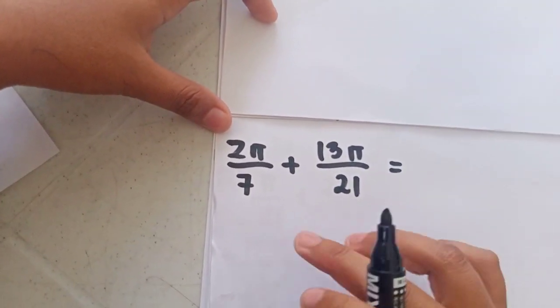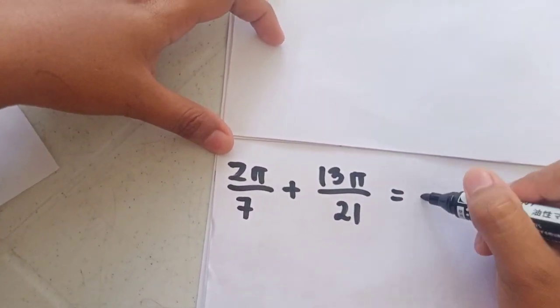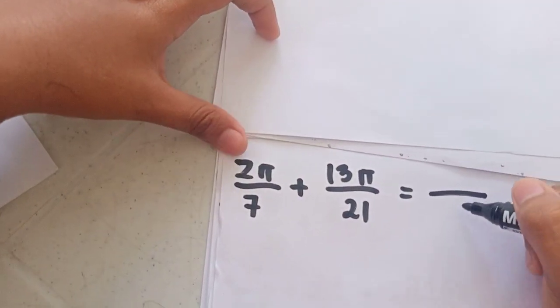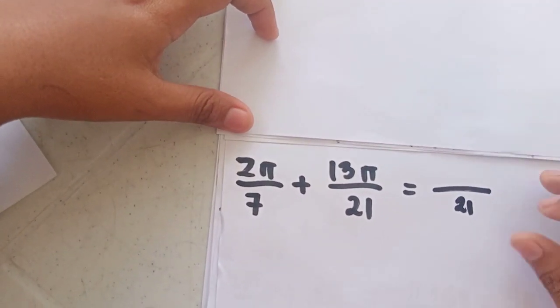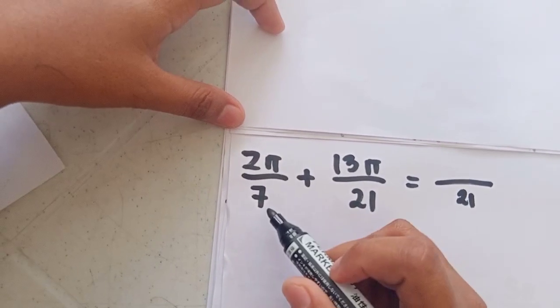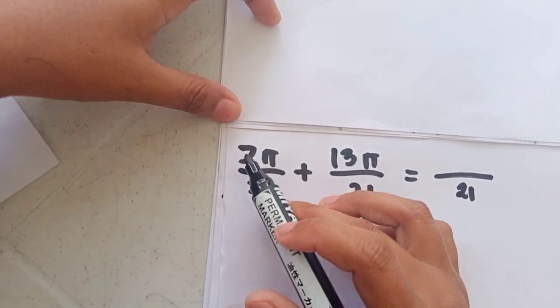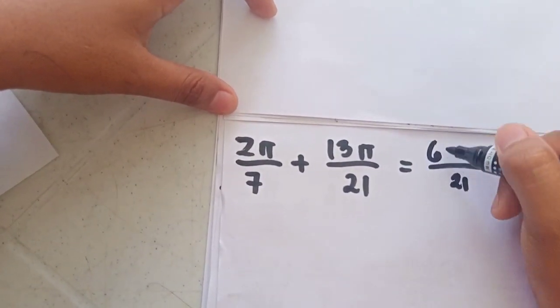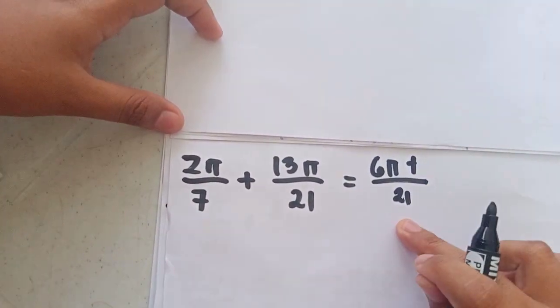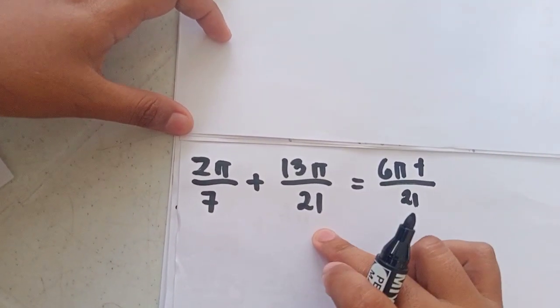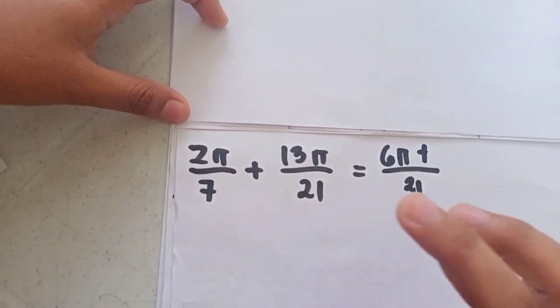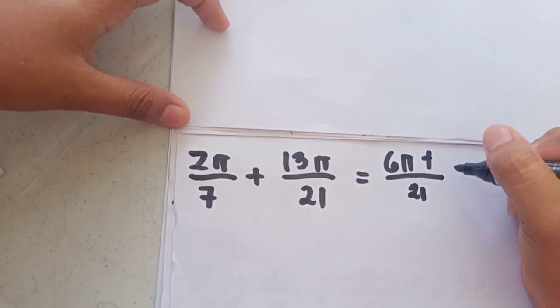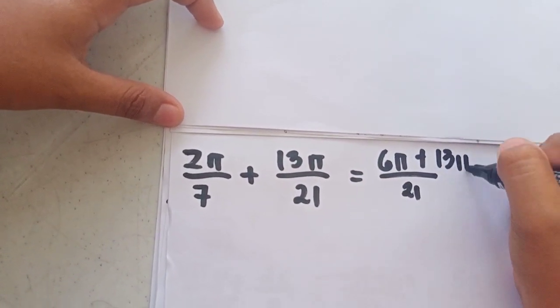As we notice, they have different denominators, so get the LCD, which is 21. So 21 divided by 7 equals 3 times 2 pi equals 6 pi, plus 21 divided by 21 equals 1 times 13 pi equals 13 pi.